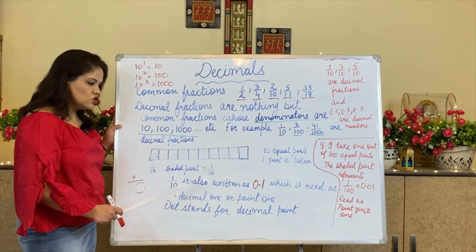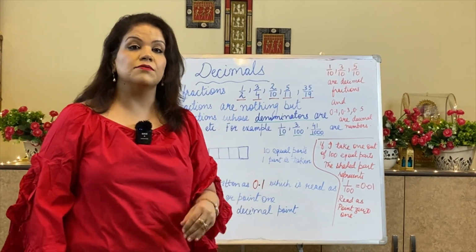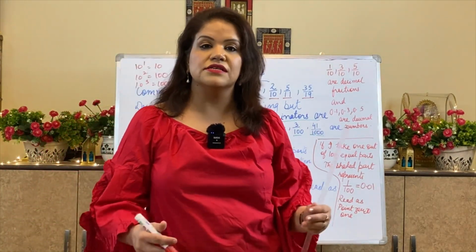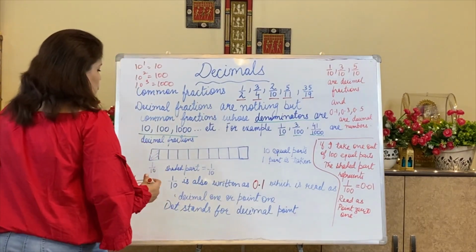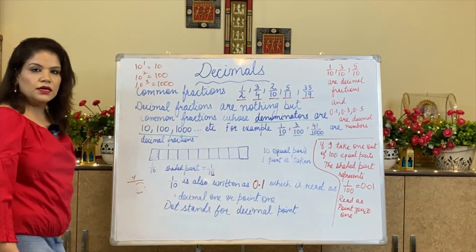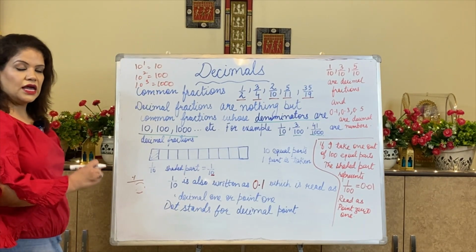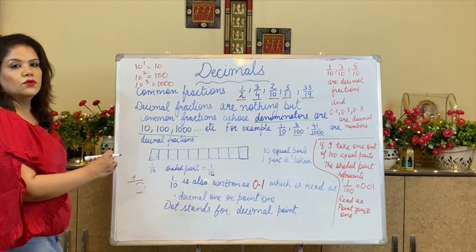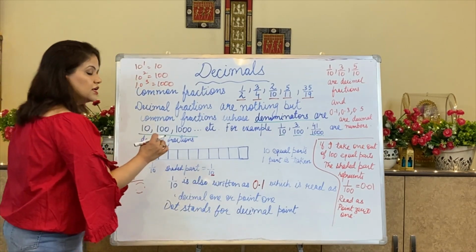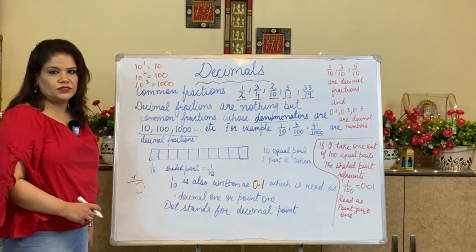1 by 10 is also written in decimal, with a decimal point. How to write this? We count how many zeros are there with 1 in the denominator. That many digits we will take from the right to put the decimal point. This point is called the decimal point.